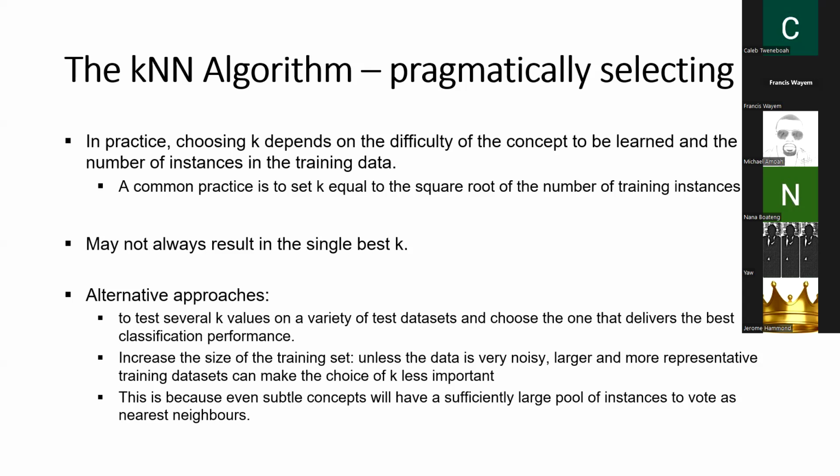Let's say the accuracy gives us 70%. We make K 5, the accuracy gives us 80%. We make K 8, the accuracy gives us 77%. So you go with the one with the highest accuracy. In this case, it will be 8. So you use 8 to build your model.